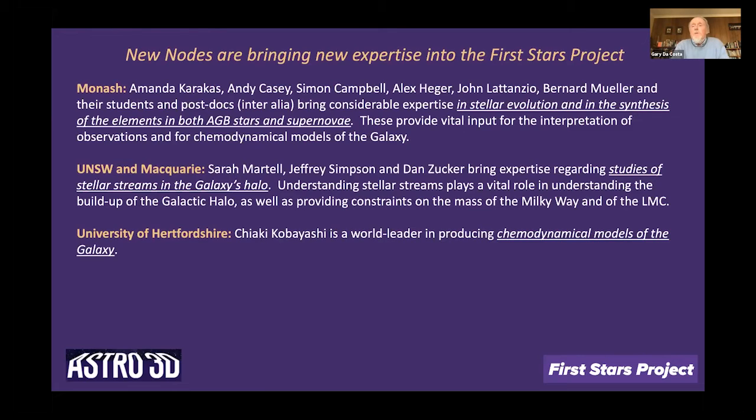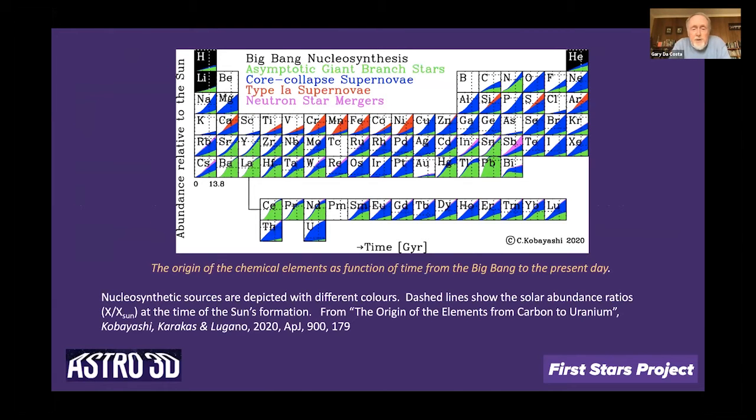And we've seen this once today already, but I thought I should show it again. It is really an impressive figure which summarizes an enormous amount of astronomy, where you can basically pick any element you like, and you can see what the models tell you about how that element builds up as a function of time. For example, you look at iron, you see you have a major contribution from type 1a supernovae, but also, more importantly, from core collapse supernovae.